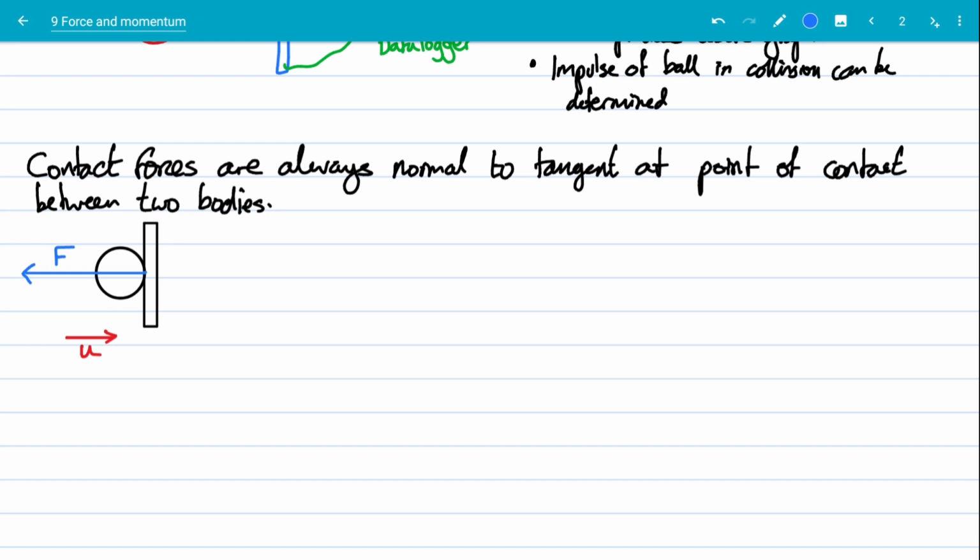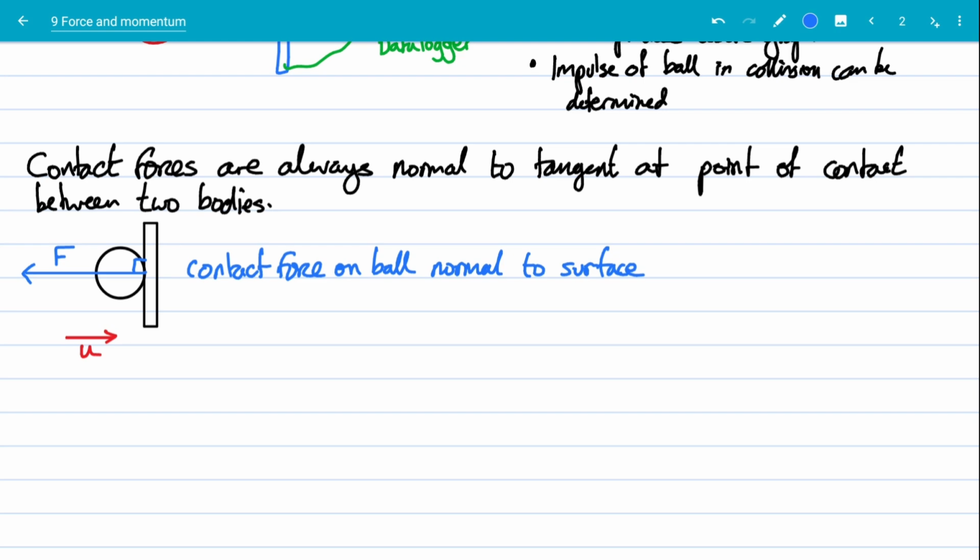So maybe I should draw a little 90 degrees symbol in here so that we are clear. So contact force on ball, normal to surface.